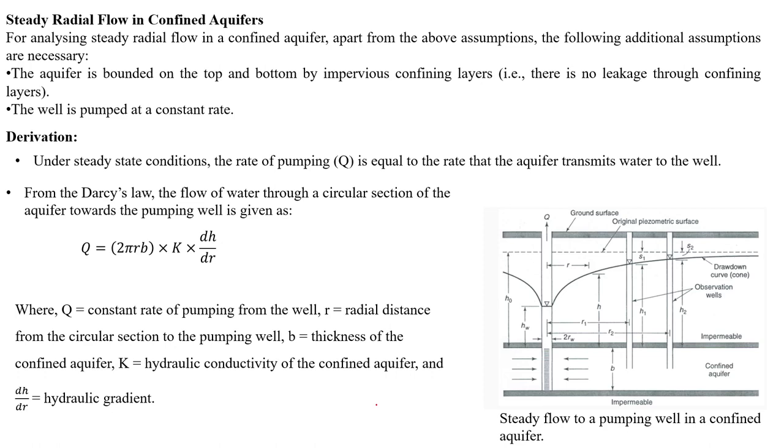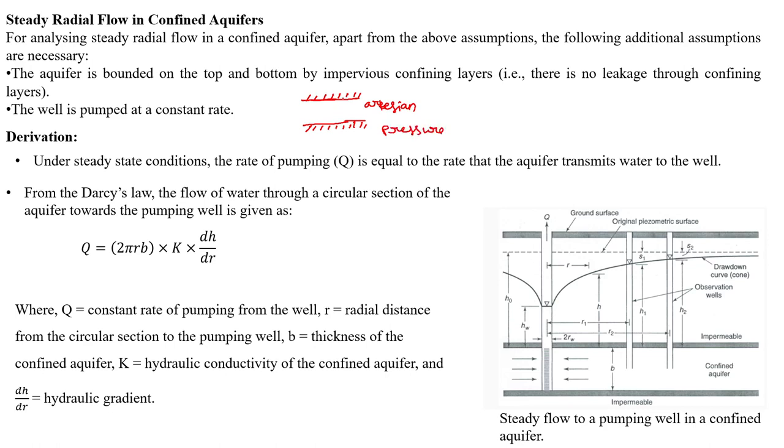Here I'll talk about the Thiem equation, which is really important for estimating the steady flow in a confined aquifer. So what is a confined aquifer? A confined aquifer is confined on both sides. The water in the confined aquifer is under artesian pressure, not natural pressure.